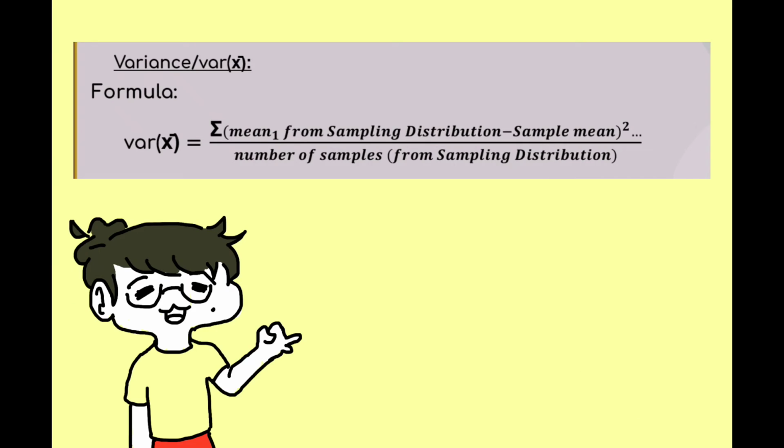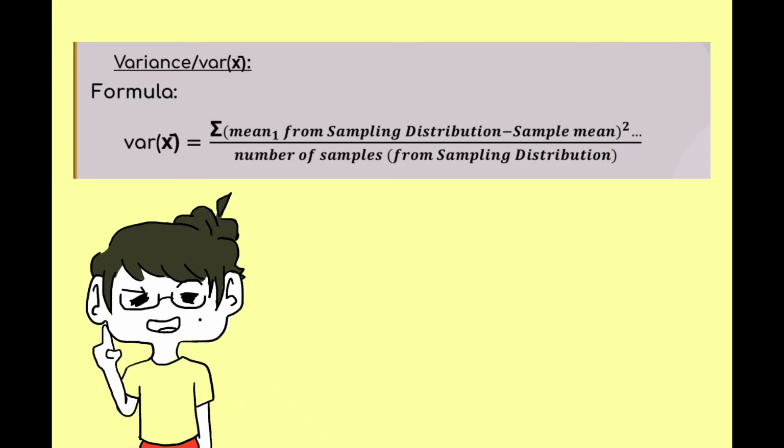Lastly, we solve for the variance. This is the formula we are going to use. Var of the sample mean is equal to the summation of mean sub 1 from sampling distribution minus the sample mean, and all of that is squared, over the number of samples from the sampling distribution.